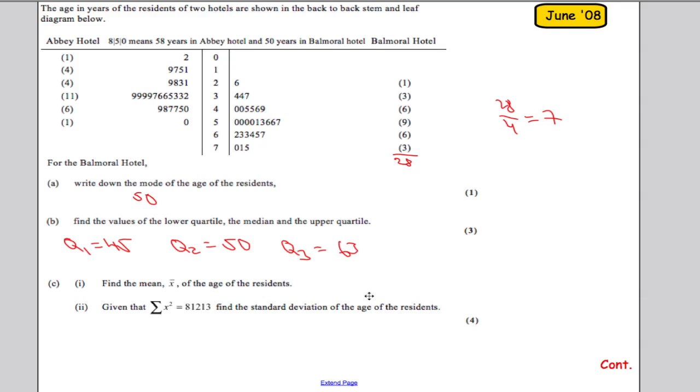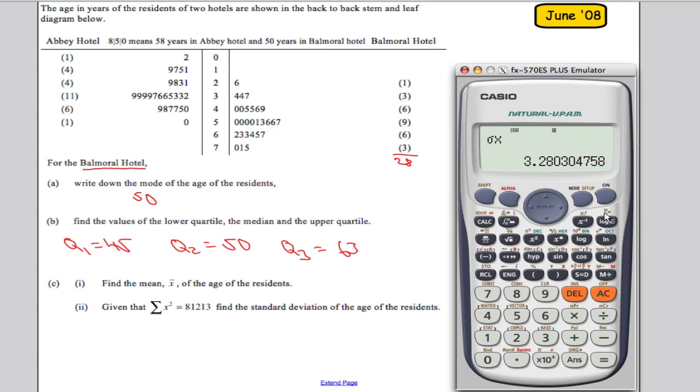Find the mean age of the residents. Again, remember this is all for the Balmoral Hotel. So let's put our calculator back in stat mode again. This time you'll notice there are no frequencies. So I'll just show you two ways of doing it.